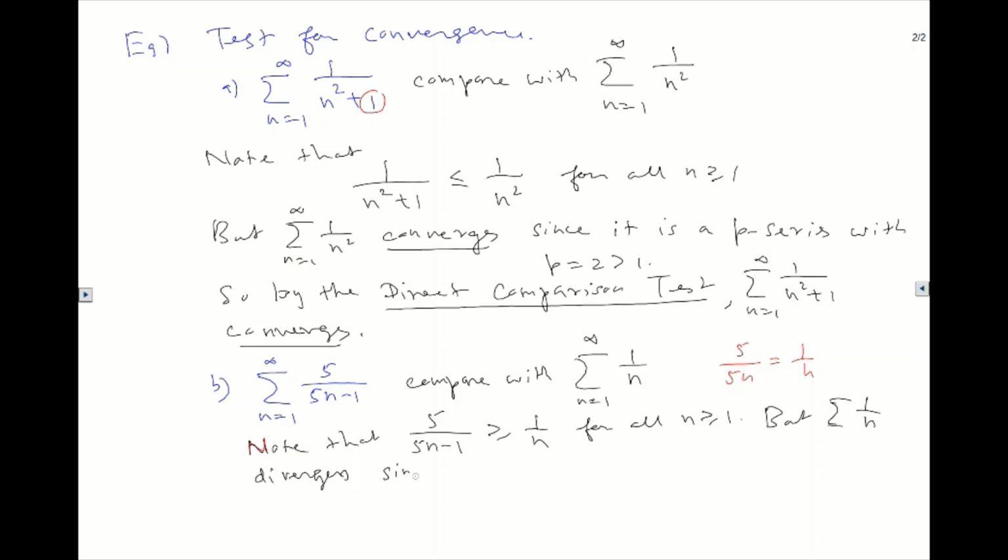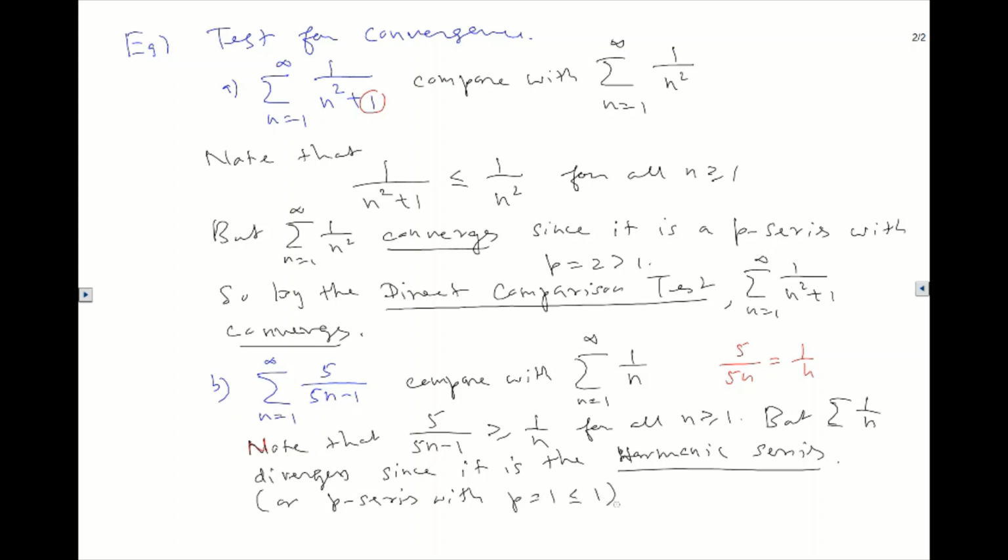since it is the harmonic series. So we know that the harmonic series diverges. Or you can say, oh, this is the p series with p equal to 1, which is less than or equal to 1.